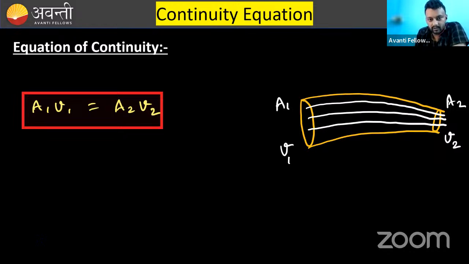Now, equation of continuity is what? Horizontal movement. Veena, you can't say like this that streamline flow is a horizontal movement. No, you can't just say that. Read it again, Veena.